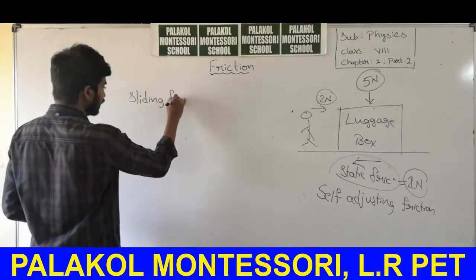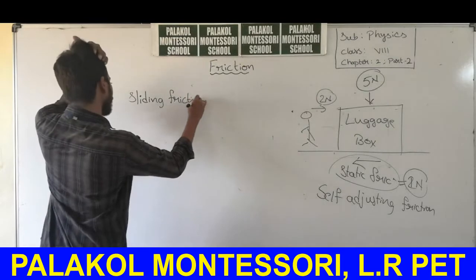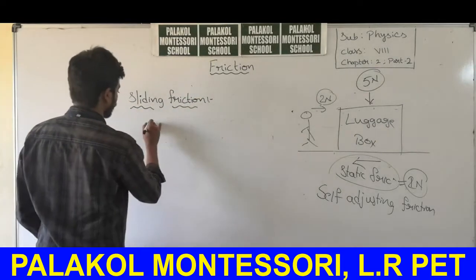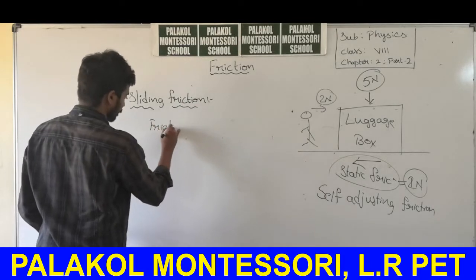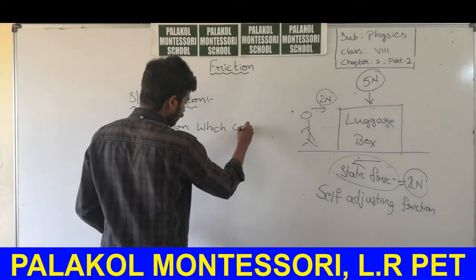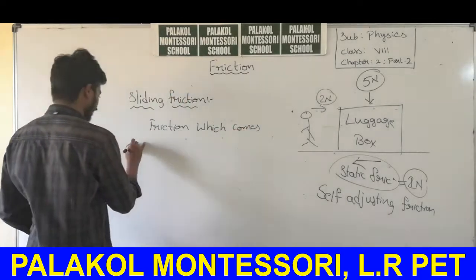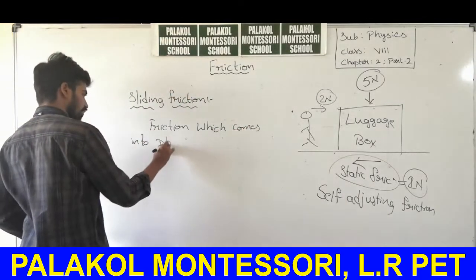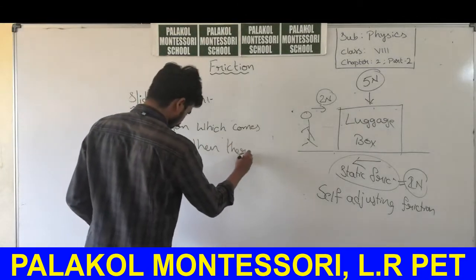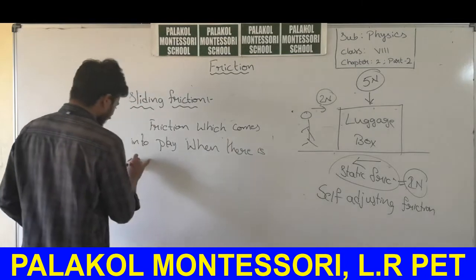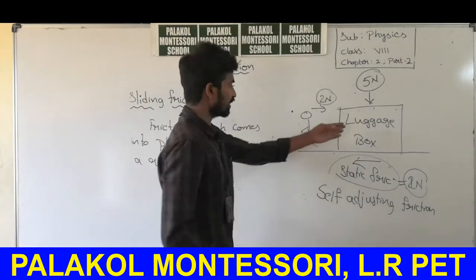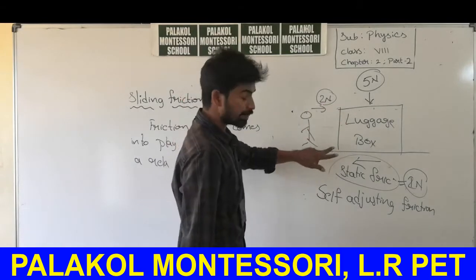So, sliding friction is the friction which comes into play when there is relative motion between the surfaces. When the block starts sliding, the block is in motion with respect to the plane surface.